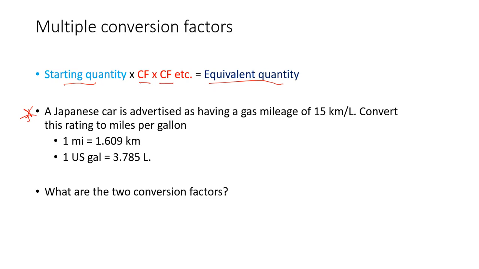Convert this rating to miles per gallon. So here you are given two conversion factors. 1 mile is equal to 1.609 kilometers. 1 US gallon is equal to 3.785 liters. These are the two conversion factors.